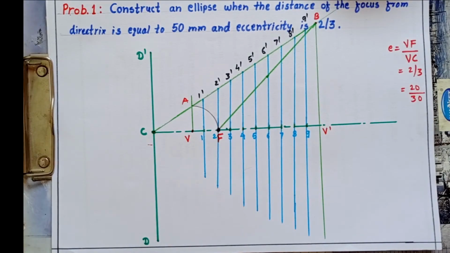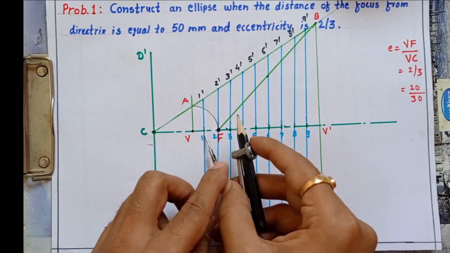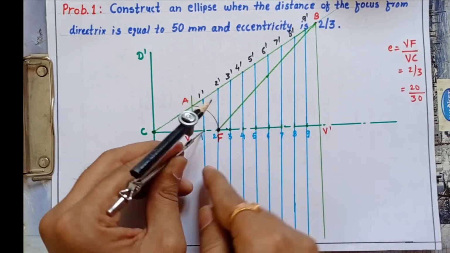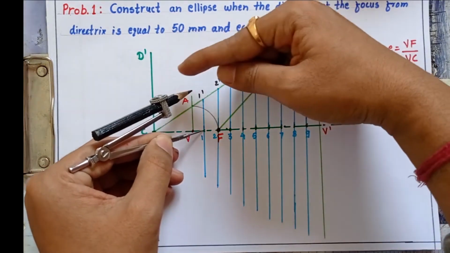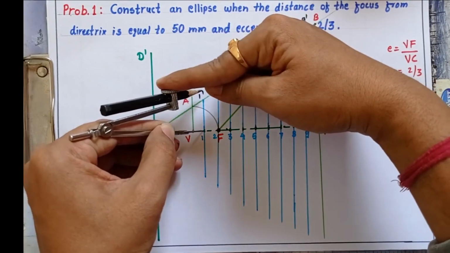Okay, now the next crucial part remaining over here is obtaining the various other points of the ellipse. So what we have to do further is carry the distance in our compass equal to 1 dash. Here you have point 1, you have to carry the distance equal to 1 dash.